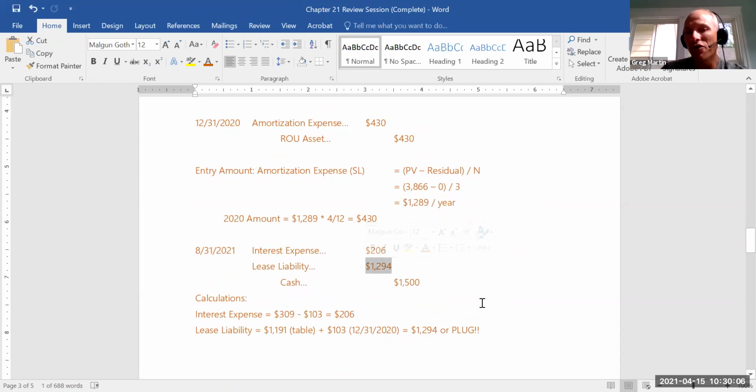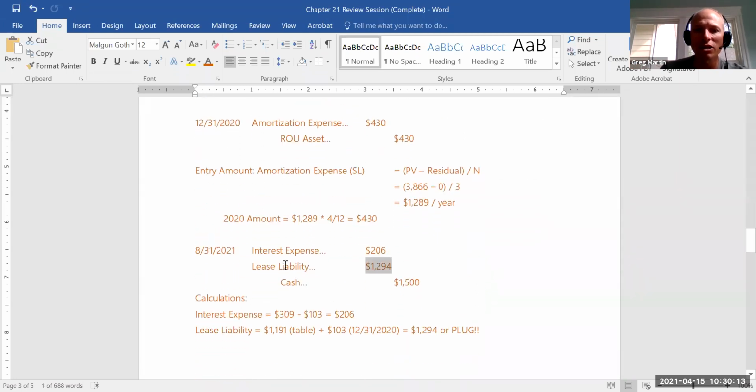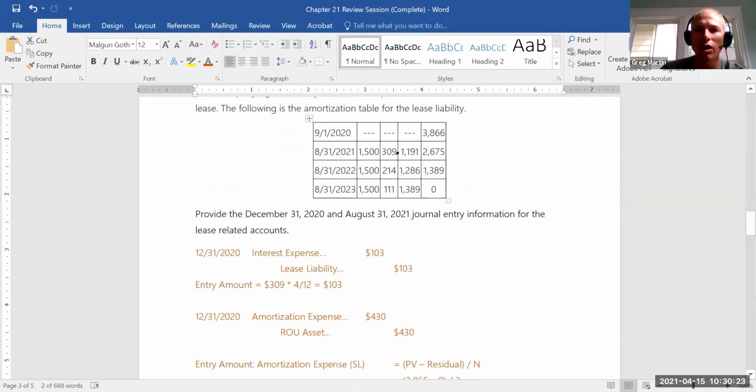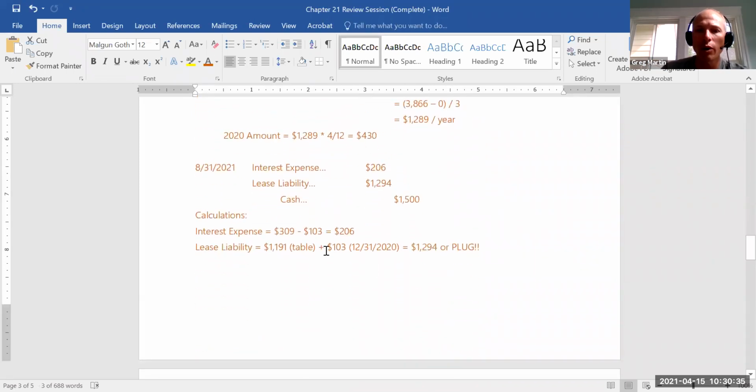Now, I think it's difficult to follow all of that. So a simpler way in my mind to think about it is to say, okay, whenever I amortize the lease liability, there are two amounts that I need to pay attention to. One is any amortization that's explicit in the table, and that's the $1,191 right here. But we also need to make an adjustment or record the fact that there's been an additional $103 added to the account, which is why we add the 103 for a total of 1,294.